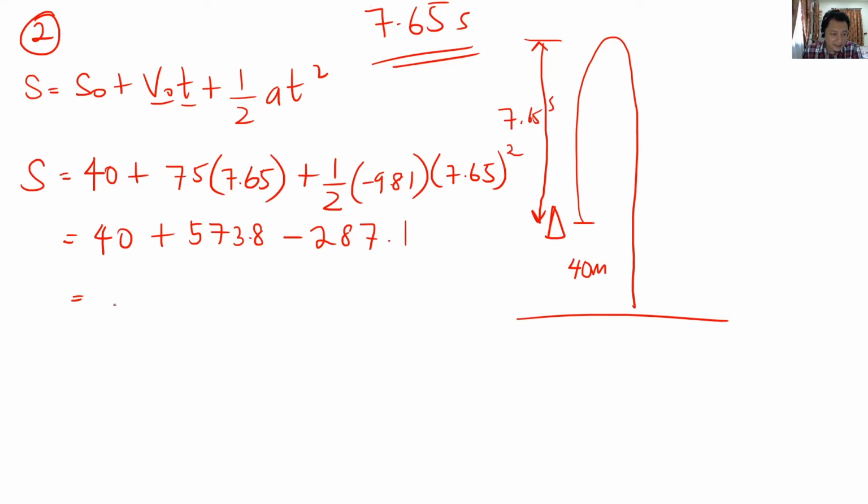So ini dapat S. Cuba kira berapa? 40 campur 573.8 minus 287.1. Yeah, exactly. You're gonna get 326.7 meter. Exactly.